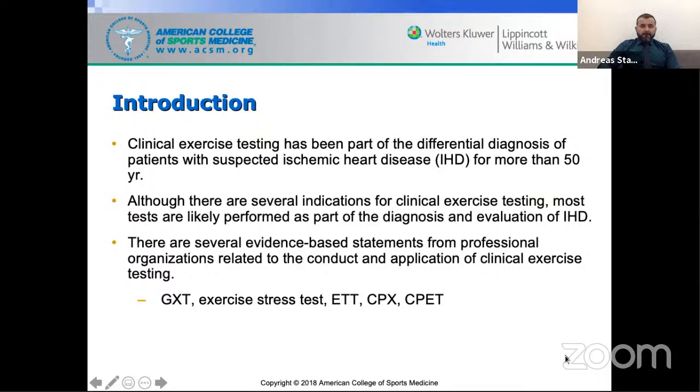Okay. And you see there that we can see graded exercise test. It can be called exercise stress test, exercise tolerance test, cardiopulmonary exercise test, and so on and so forth.